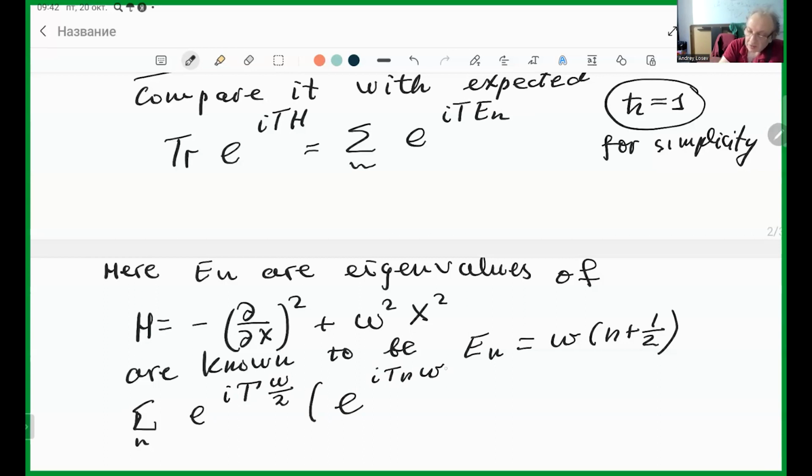Okay. But here I see a geometrical progression.